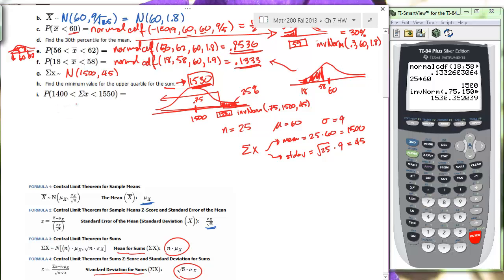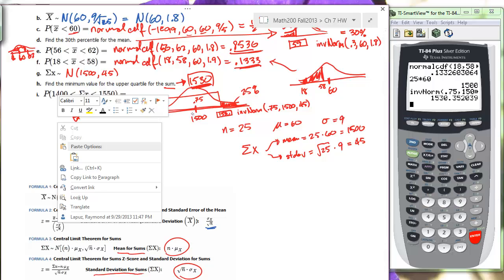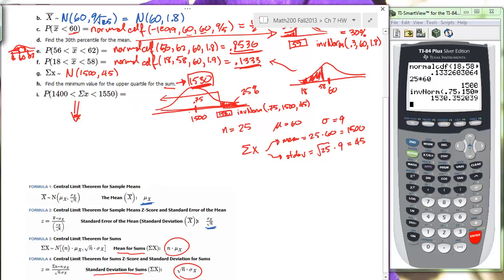And then finally, a probability question. So they're essentially looking for the area from 1400 to 1550. So somewhere over here is the area that they're looking for. And this is going to require a normal CDF command.